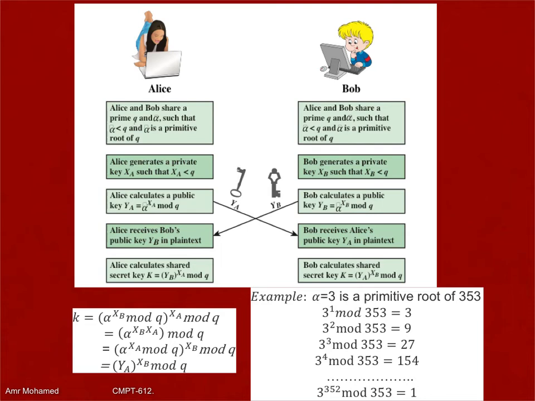Is it proof against eavesdropping? So this is proof against the eavesdropping attack. If you get YA, YB, you know alpha, and by the way, you know Q. You have YA, you have YB. You do whatever you want, you will not be able to guess XA or XB.